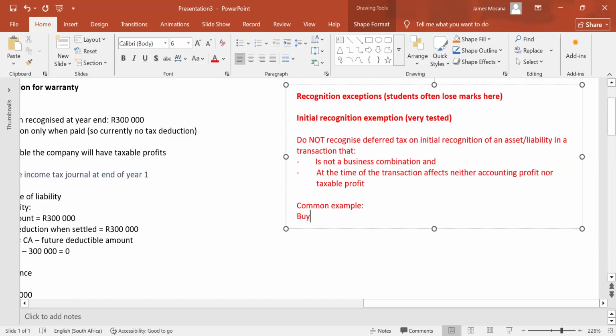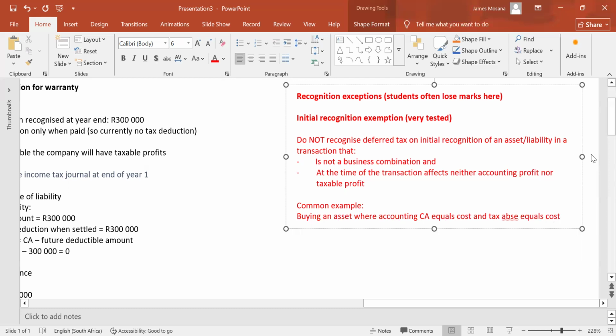You are buying an asset where the accounting carrying amount equals cost and the tax base equals cost.